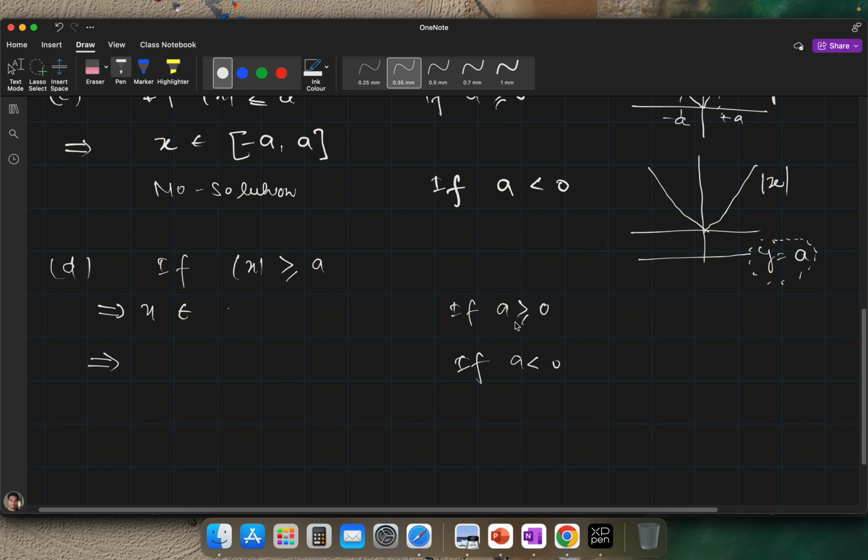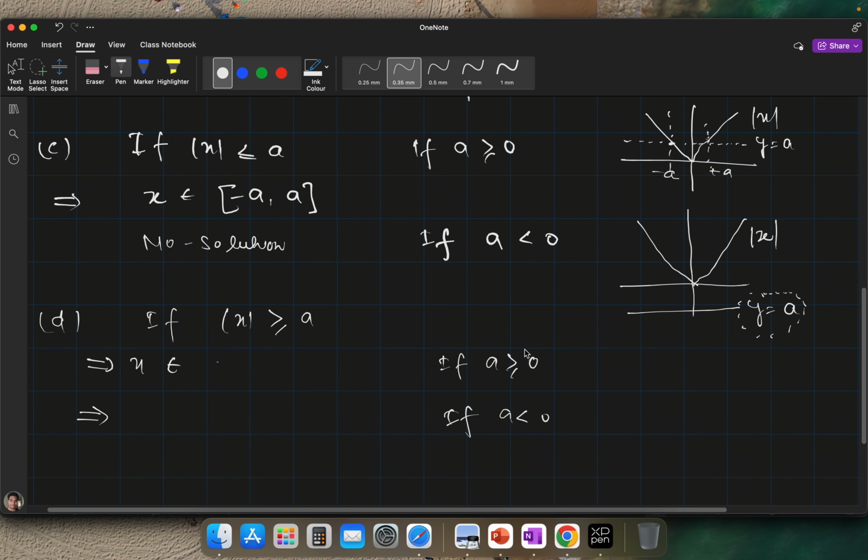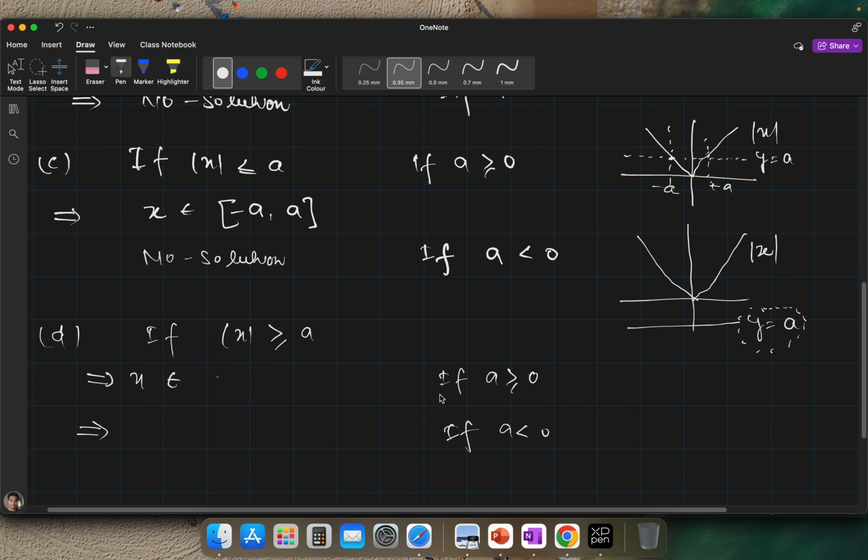Now tell me what is the solution in this case if mod of x is greater than or equal to a, if a is a positive number? Tell me quickly.